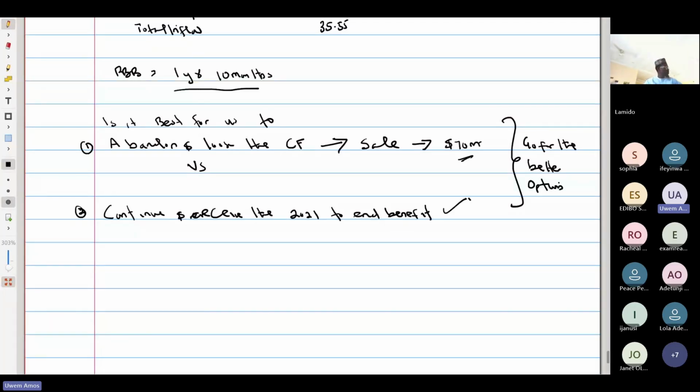So let's now do our computation. Now that we understand the question, do we collect our 70 million in 2021 and move on, or do we continue and enjoy those other benefits, those cash flow from 2021 down to the end? So let's go on with our first option, which is to abandon.